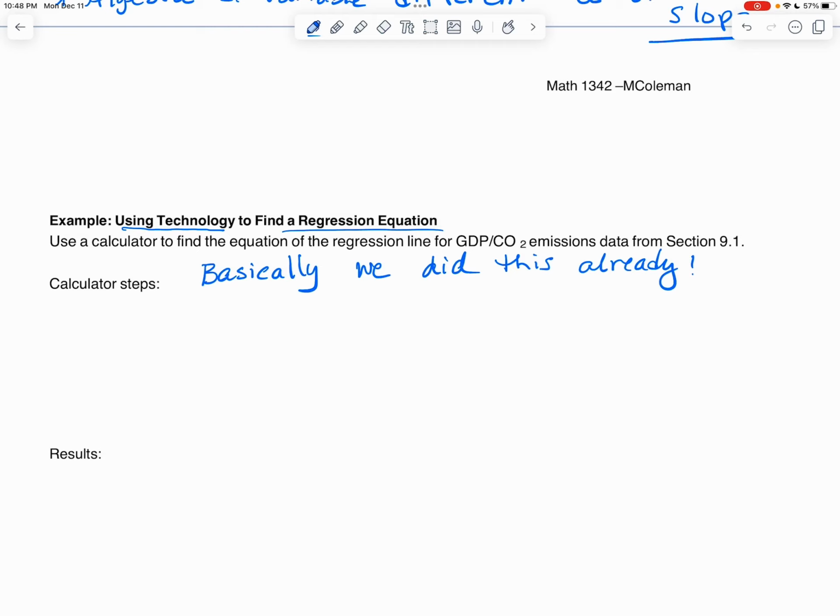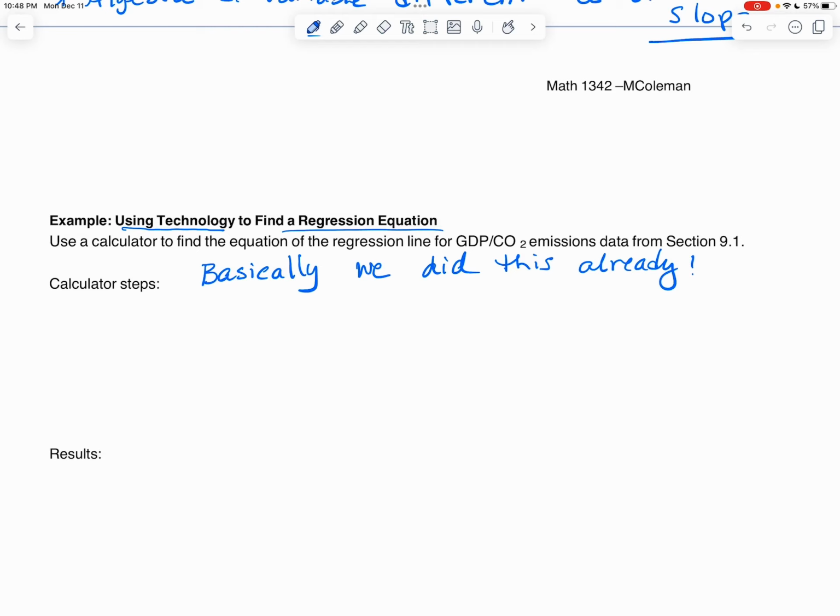If it doesn't ask you to graph any of this, you don't have to graph it. Most of the time we don't graph it. Most of the time we don't go back and put it on our calculator and see the picture of the line. You can certainly if you want to see the picture of the line. We did that last time as well when we entered it into y equals 199.5x plus 56.03.